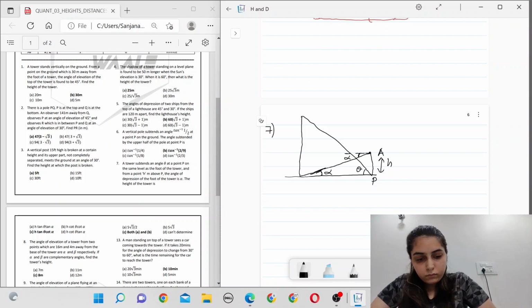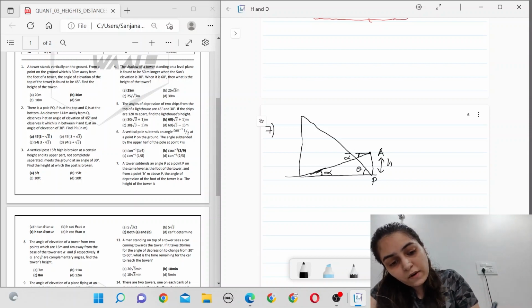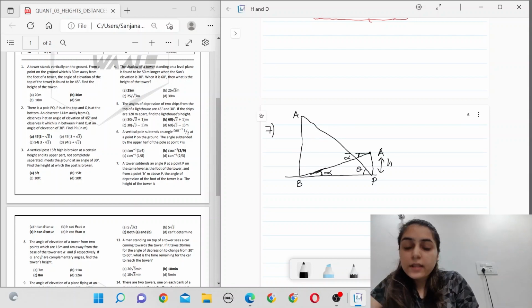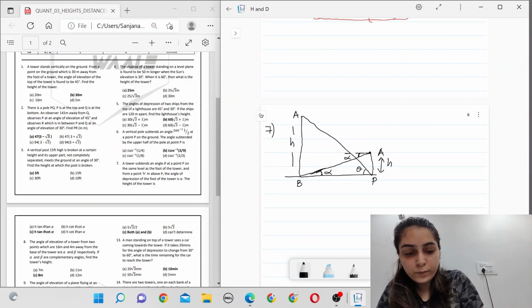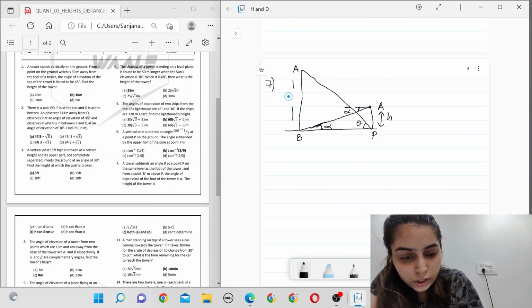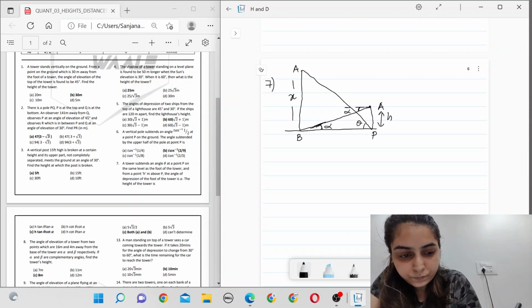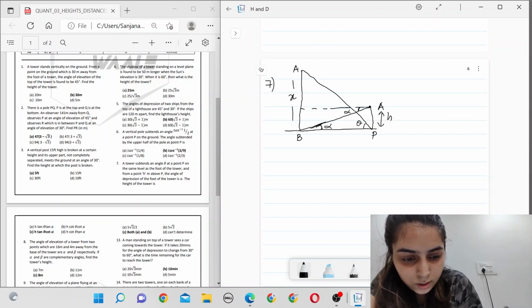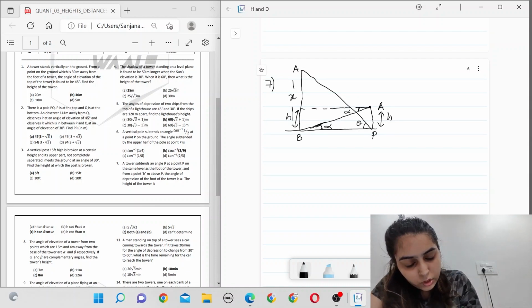They have asked us to find the height of the tower. So let's assume the height of the tower to be x. If we extend this, this is h as well.